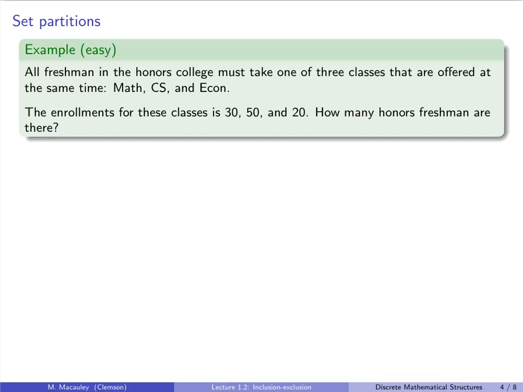The enrollments for these classes are 30, 50, and 20 respectively. How many honors freshmen are there? So this is a partition. So we have our set of, you probably don't need to write this down, but just to be pedantic, I will, all students.